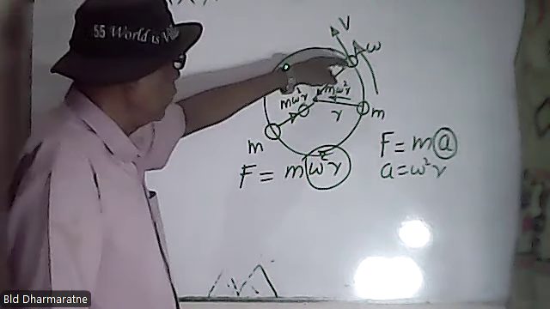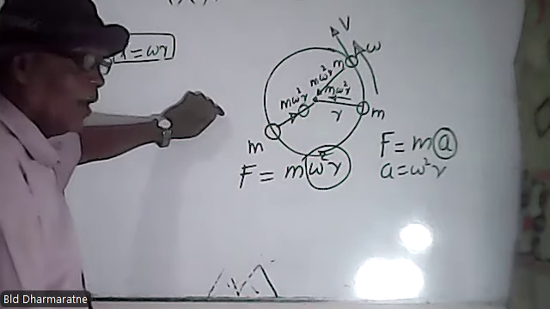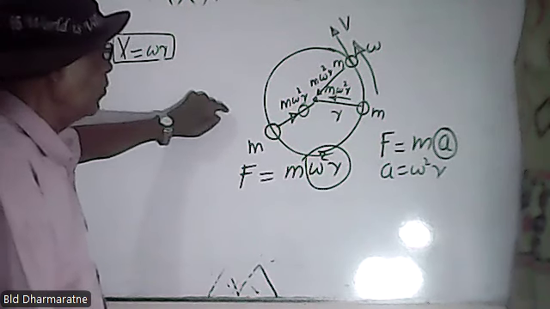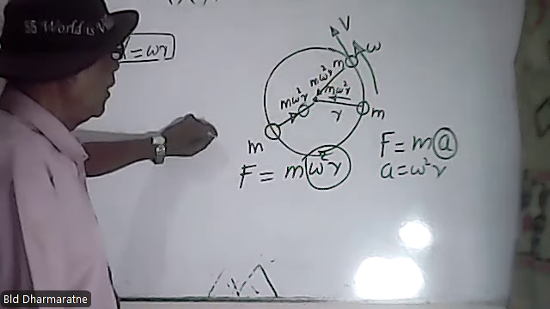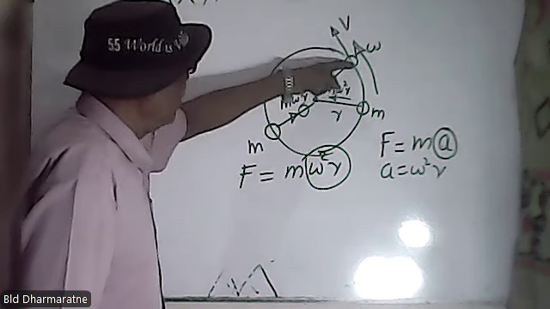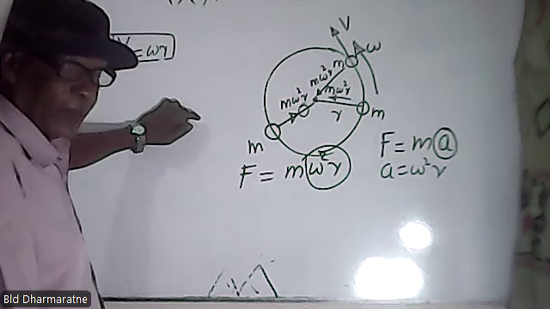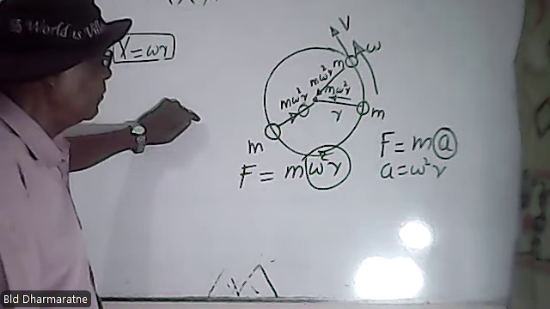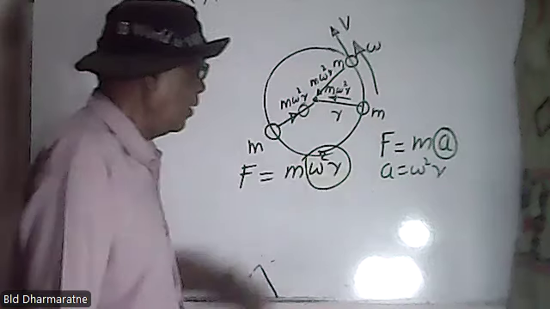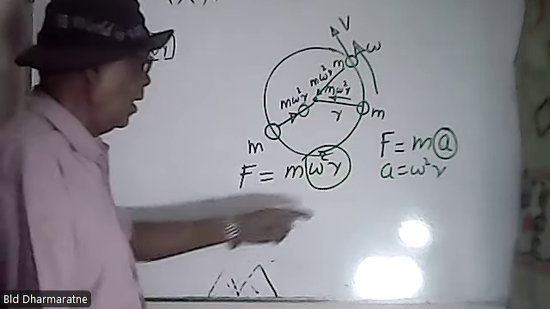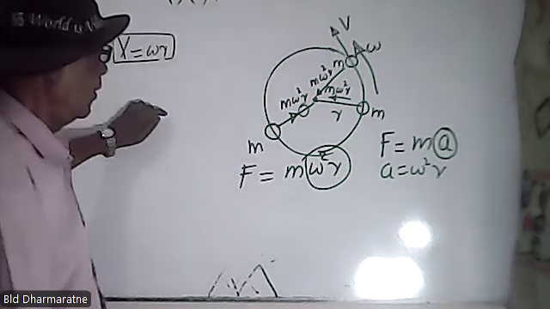For a body moving in a circle, the acceleration is omega squared r, where omega is the angular velocity. But it travels at constant velocity, so tangentially there is no acceleration. Sorry, the acceleration is omega squared r towards the center.